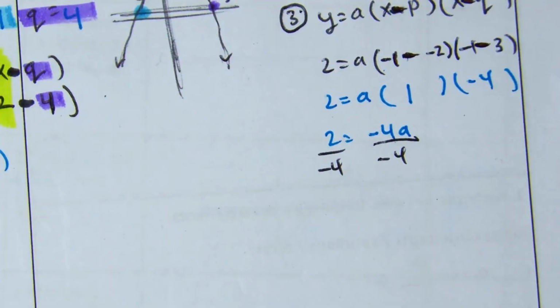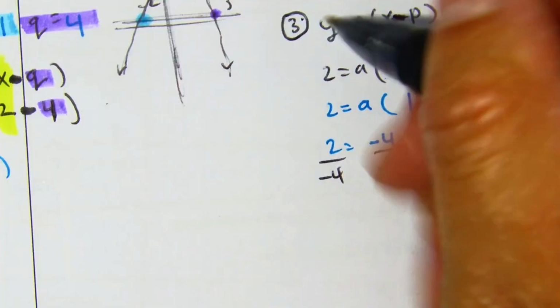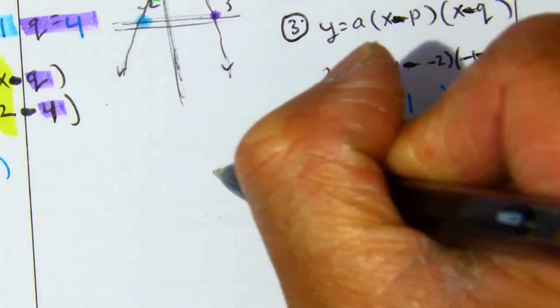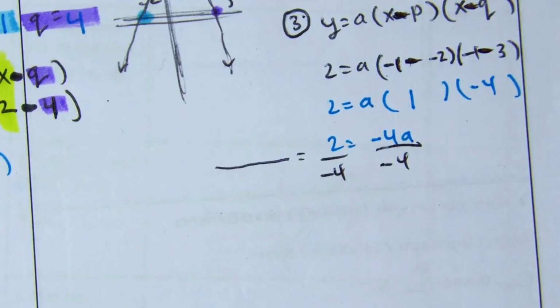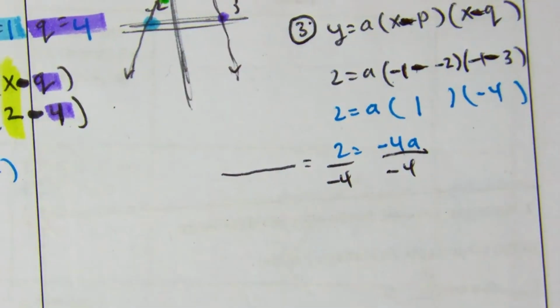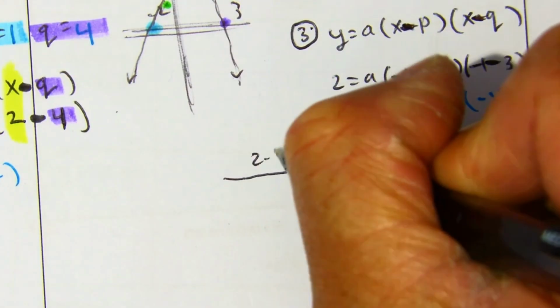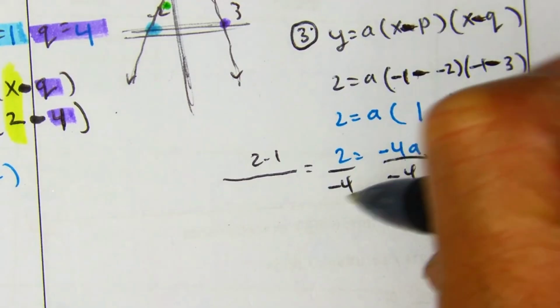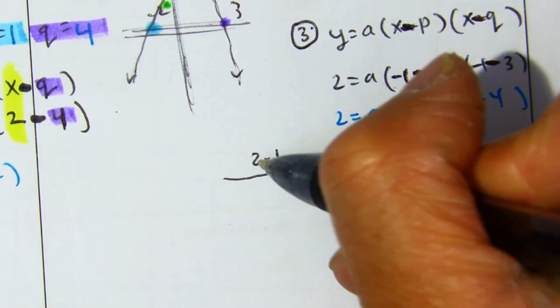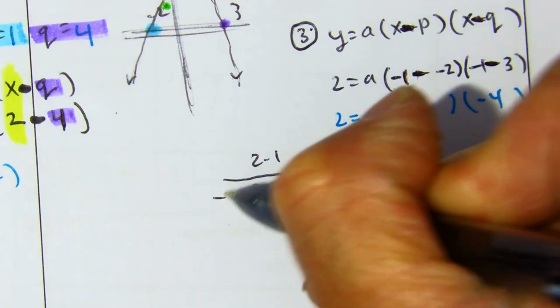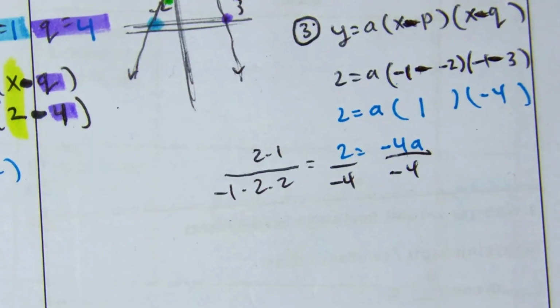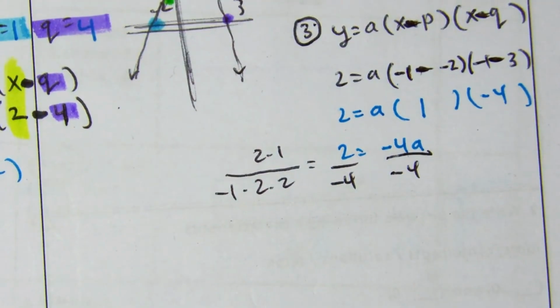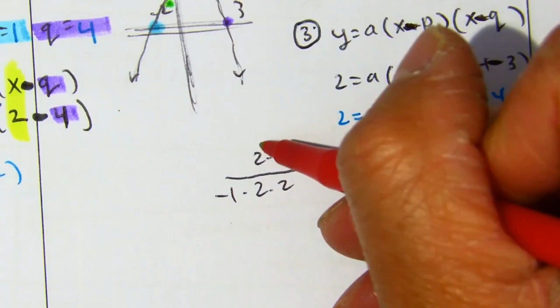Okay, if you don't know how to do fractions, break them up into factors. So I have 2 times 1. Now for -4, I'm going to break it up into a common factor, so I'm going to have a 2 there. Let's have a canceling party.